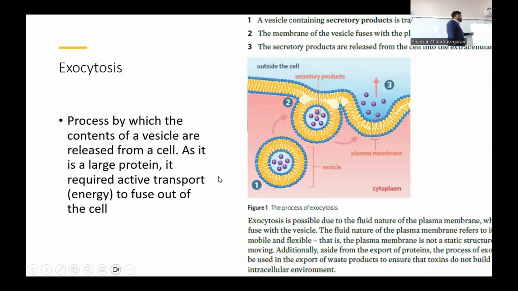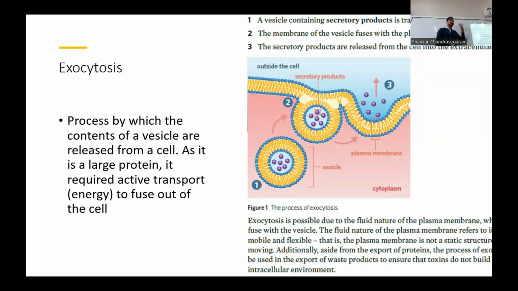So yeah, put simply, exocytosis is the process by which contents of a vesicle are released from a cell. This is necessary because a large protein will require energy to be transported out of the cell. That is referred to as active transport. Anytime something is moved out of the cell, it is a form of transportation. Whether it takes energy or not will determine whether it's active transport or passive transport.